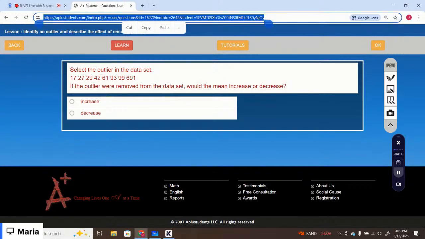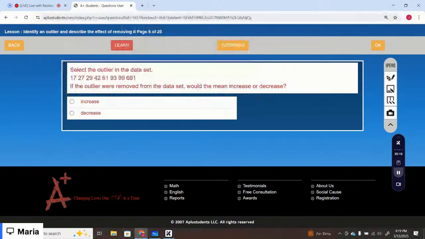Select the outlier in the dataset. If the outlier is removed from the dataset, would the mean increase or decrease? So which is the correct option?